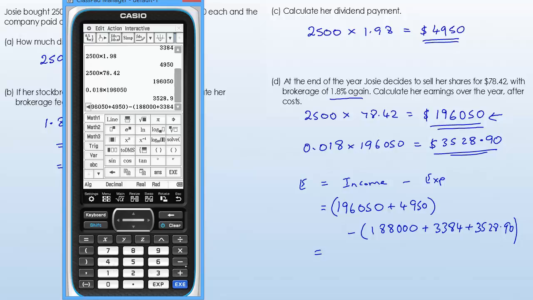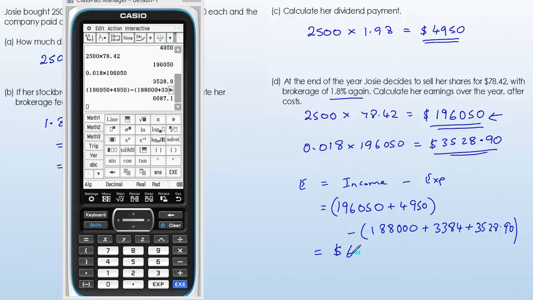This one was brokerage fees on buying, and the $3,528.90 was the brokerage fees when we sold. So over the whole year, that's $6,087.10.